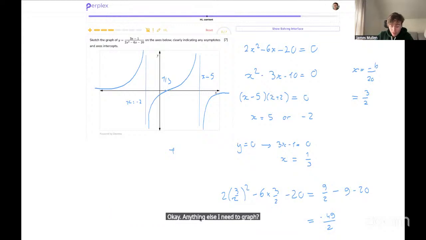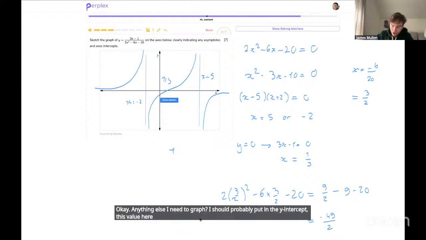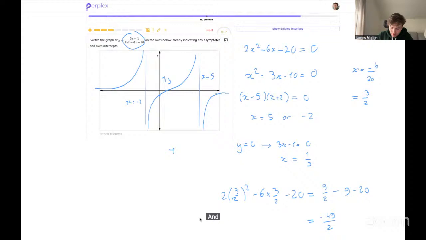Anything else I need to graph? I should probably put in the y-intercept, because the question says all axes intercepts. I plug in 0 into here and I get -1 over -20. Why is that? Do I have my signs wrong? No, I don't. So what's wrong? What did I do wrong?